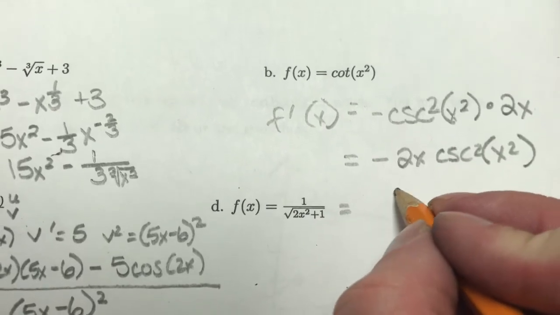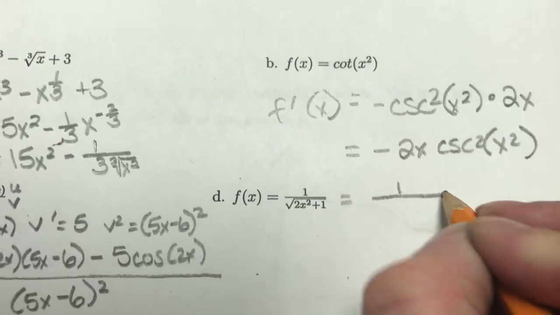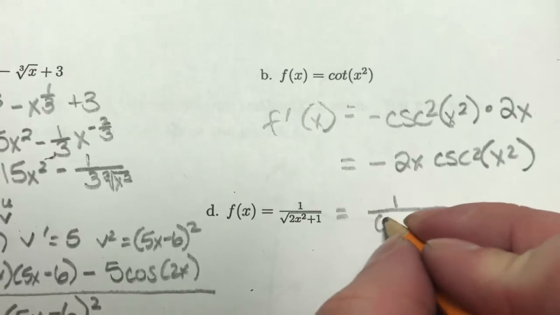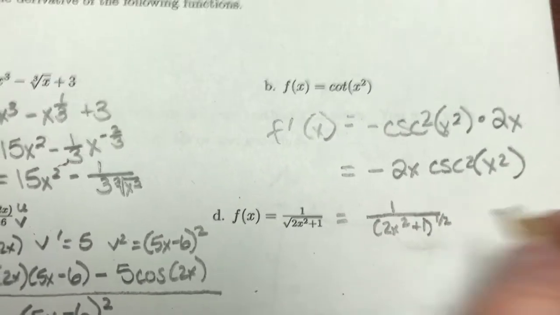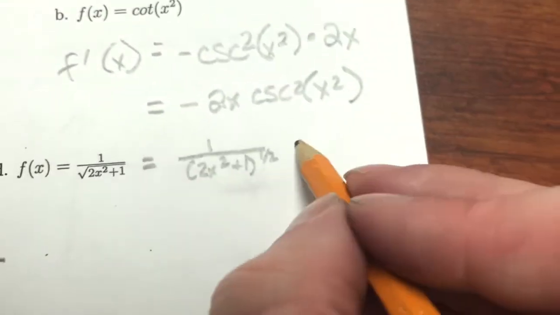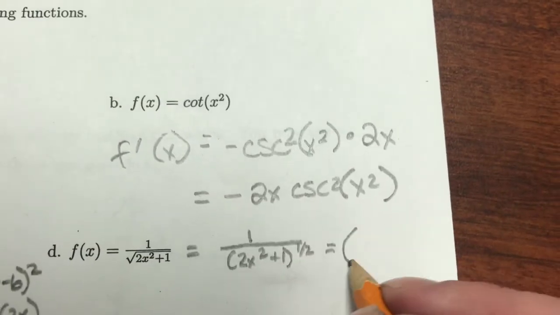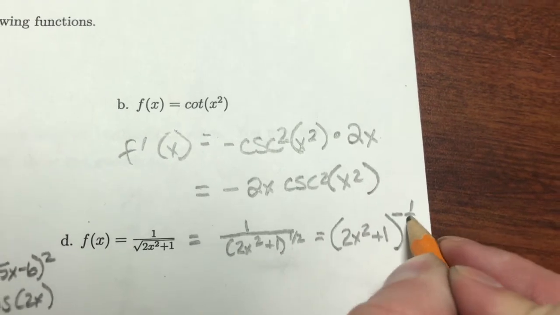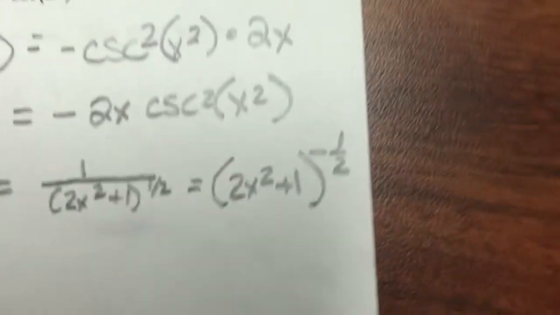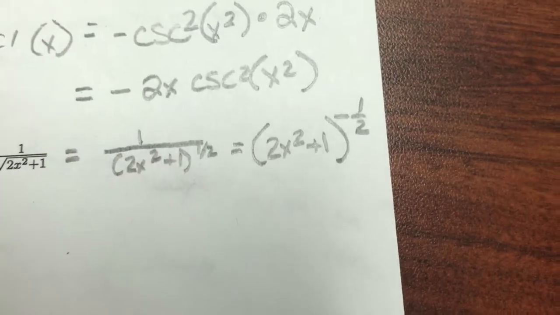First off, I'm going to do it in a two-step process, just so you can all see it. I'm going to rewrite the entire bottom as 2x squared plus 1 to the 1/2, and then bring that up and make it 2x squared plus 1 to the -1/2. I'm going to do chain rule on that guy right there.